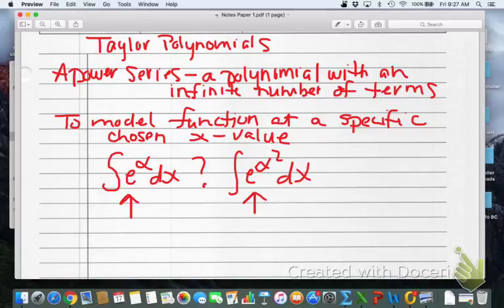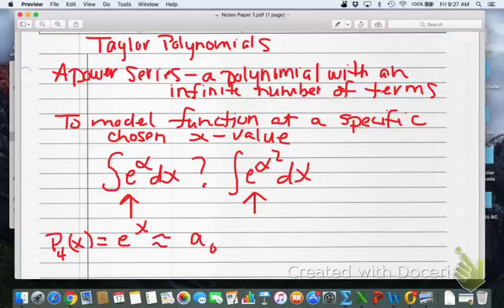But let's look at some other specifics. All right, so let's start out by developing a model for a polynomial. Let's say it's going to be of fourth degree, and that polynomial is going to approximate e to the x. And if we do that, let's just put some constants in here first.